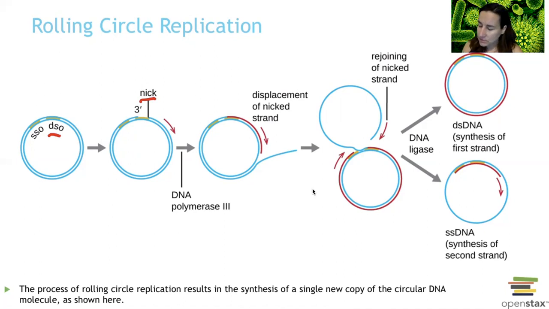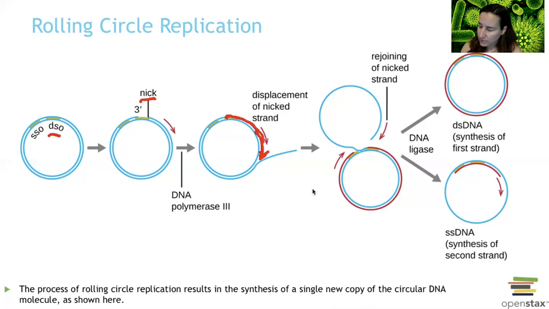So DNA polymerase 3 is going to bind on that origin and lay down new DNA. And every time it wedges through here and lays down more DNA, it shoves out the old strand. So it's literally like a rolling circle, and it's peeling away the older DNA strand as it lays down new stuff.